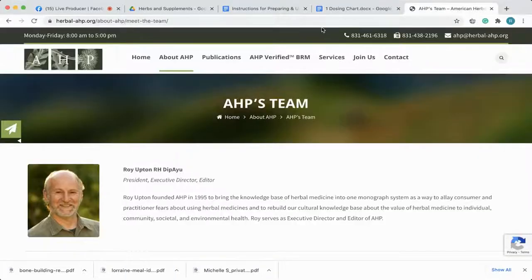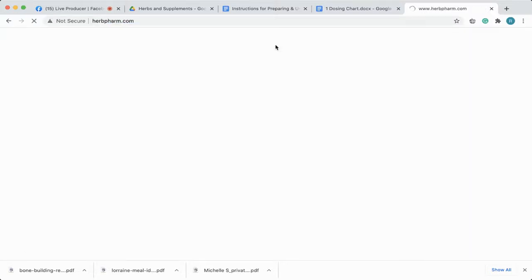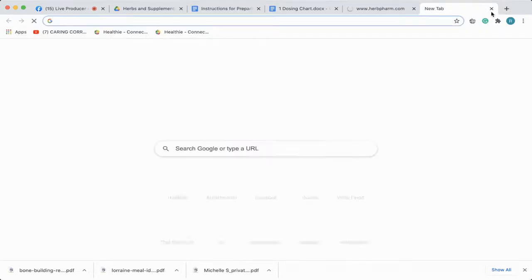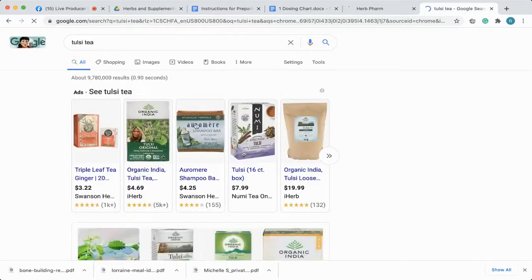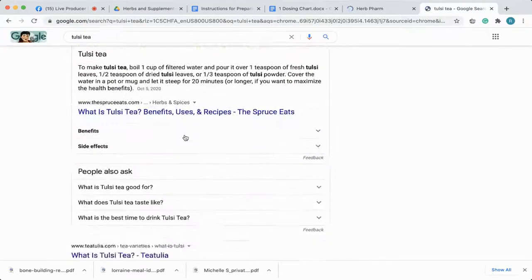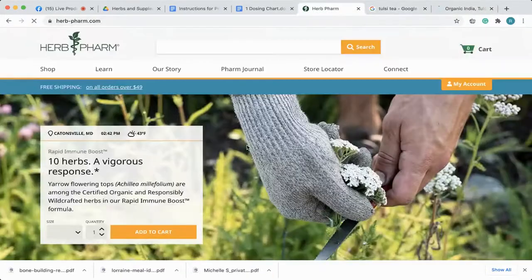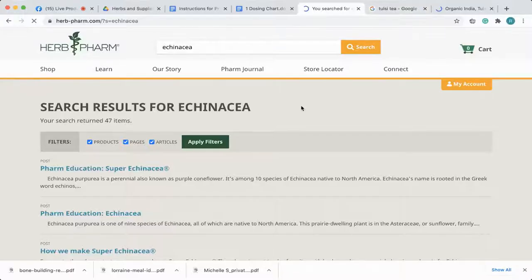And what I wanted to do was remind you all how to convert to grams. So let's look at a couple products here. Let's look at some Tulsi tea by Organic India, and let's look at an herb farm tincture and see how to convert these when we're looking at products.